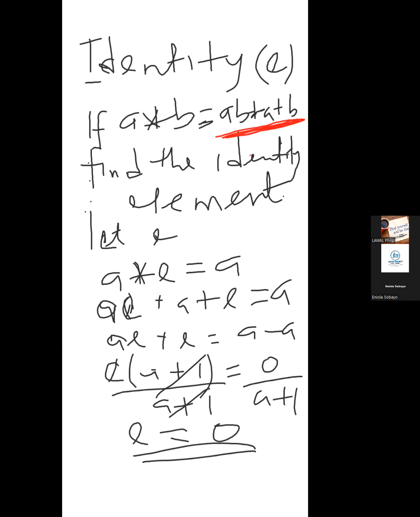And then I want to move again. I want to go to inverse. Existence of inverse element is a property of binary operation. So the existence of inverse element is given in this format.